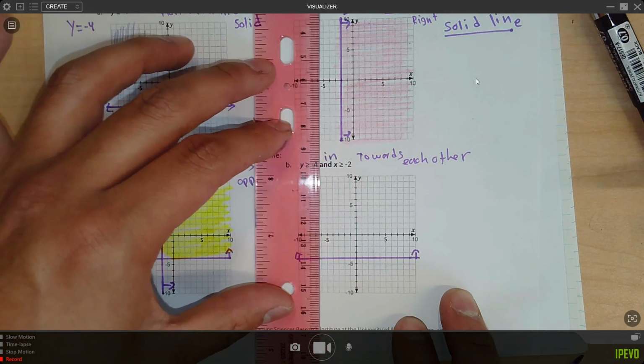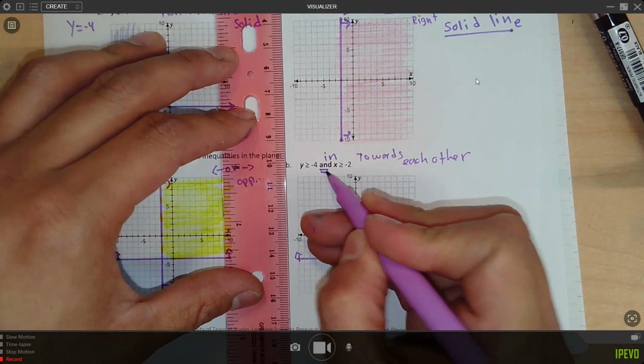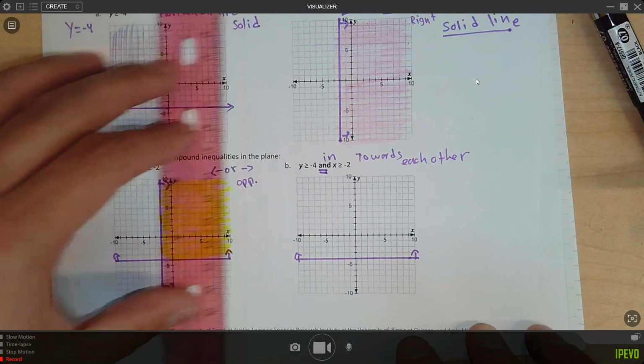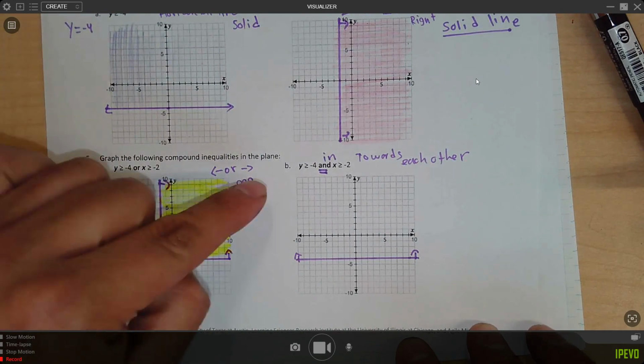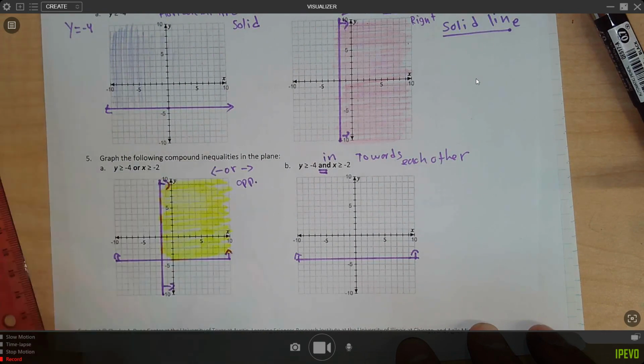So the and means that it's going to be some shading in between. The or is going to be opposite direction. So it's either that way or that way.